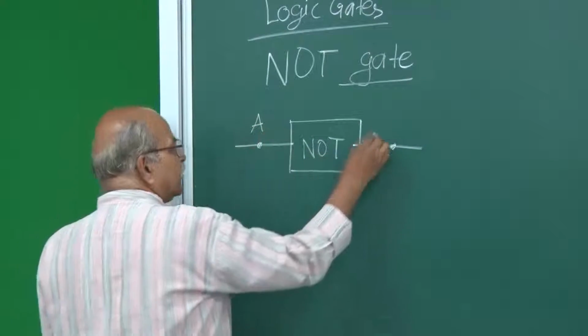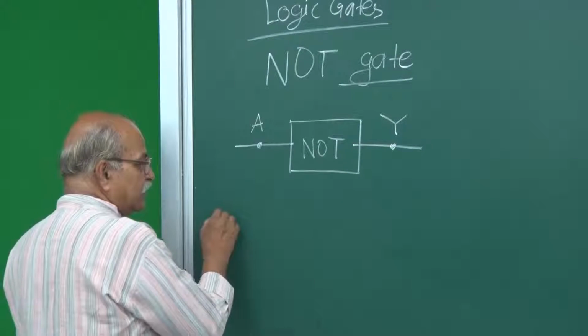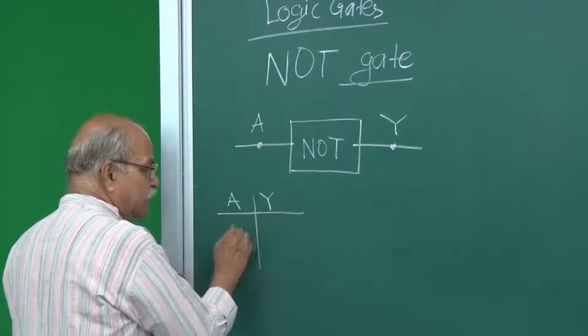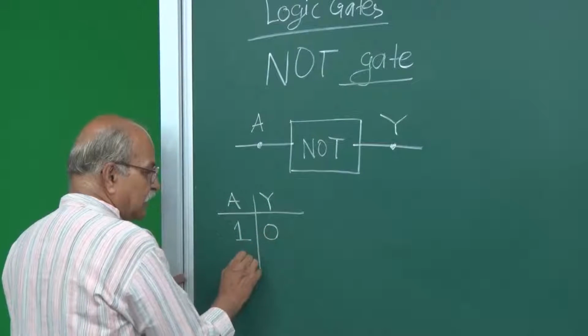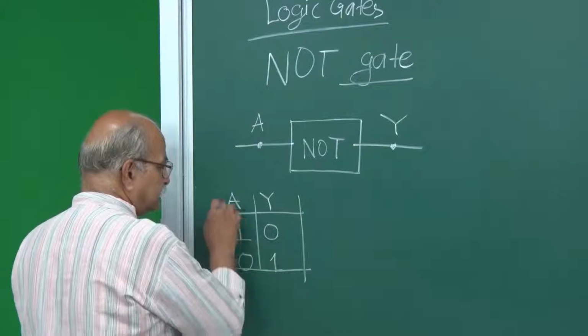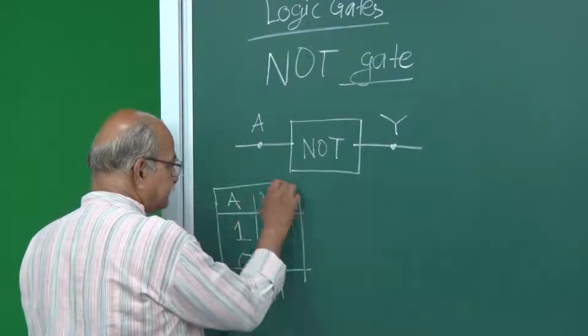Let us call the input A, and the output Y. So the truth table is very simple. If A is 1, then Y is 0, and if A is 0, then Y is 1. Finish. This is the truth table for the NOT gate.